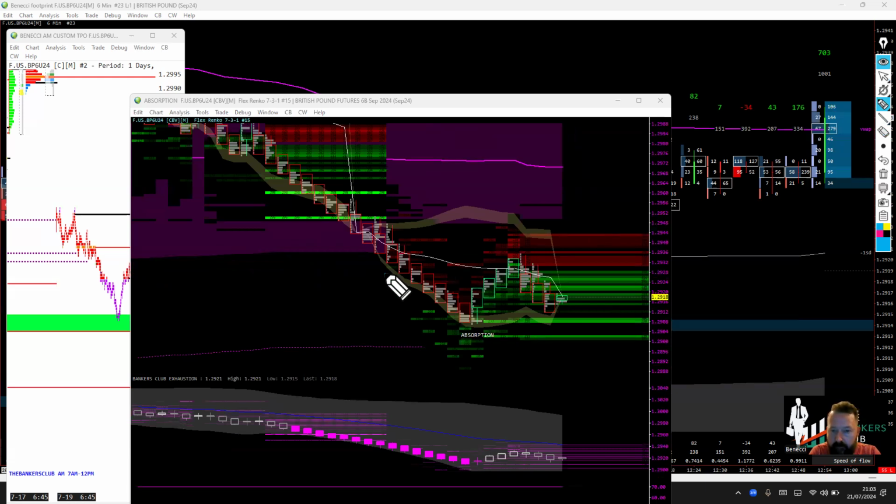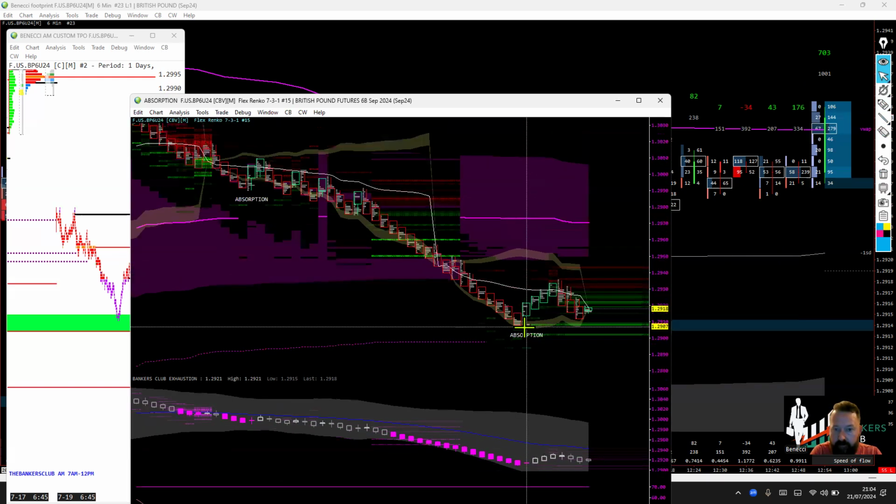We came down. We then got the absorption around this dotted pink line, which is a custom deviation on this chart. And when we started going back up, we can also see we had limit orders sitting there as well.